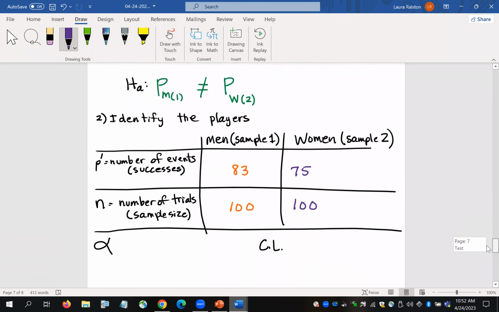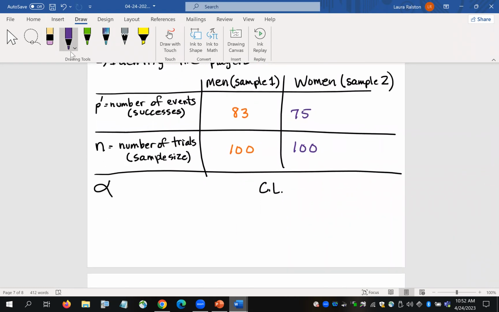It says use a 0.05 level of significance. So my level of significance is 0.05 or 5%, which means my confidence level is 95%.